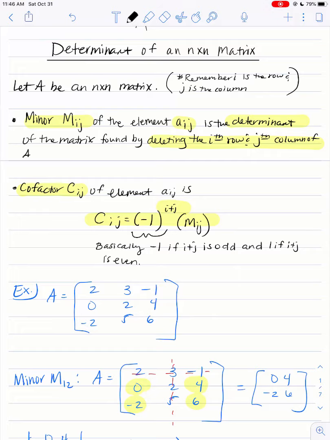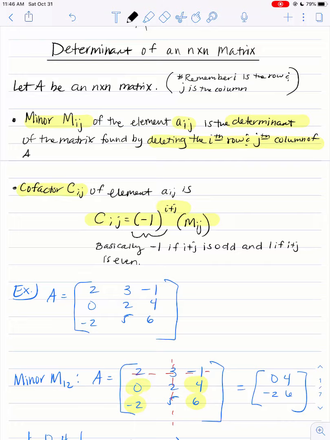We're going to go over an example in a bit, but first I want to go over cofactor as well. The cofactor Cij of the element aij is Cij equals (-1) to the i plus j times the minor. If we notice here, we have -1 to some power. If i plus j is odd, then it's going to be -1, and it's going to be 1 if i plus j is even.